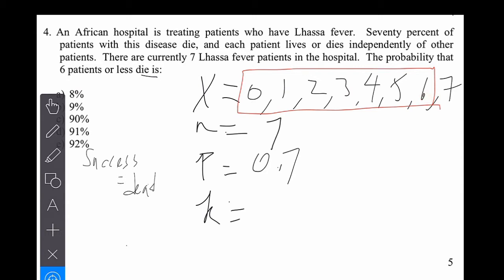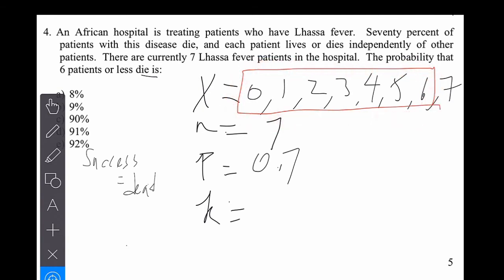Now that's going to take a much longer time than if I simply did something else. What's the thing I could do? Well, if I calculate the probability that everyone dies, and I subtract that probability from 1, I would have calculated any of these possibilities happening.